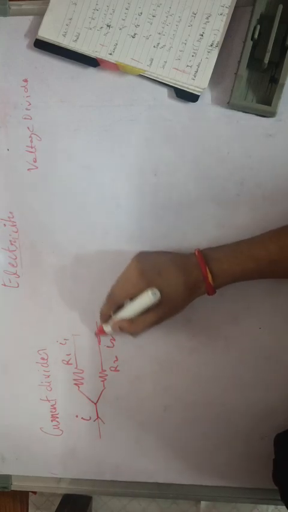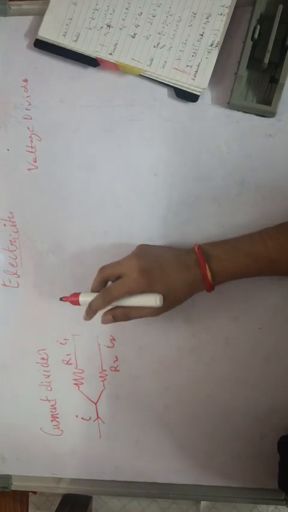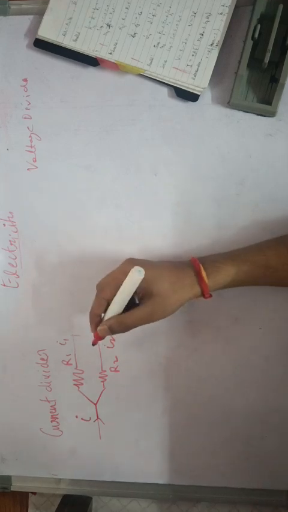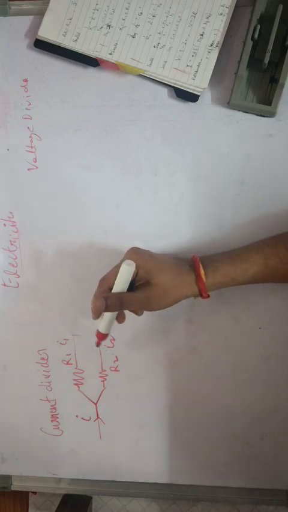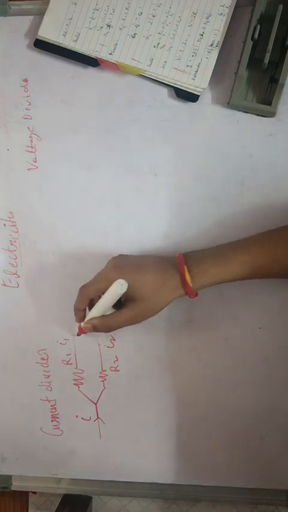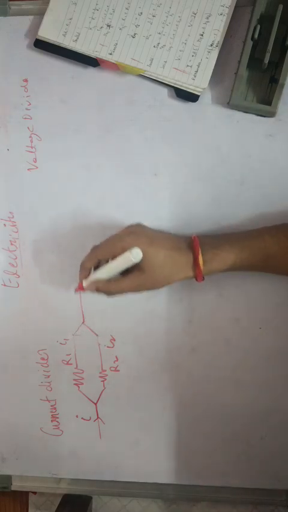So I want to know the current flowing through them. What would be the magnitude of the current which is flowing through them?